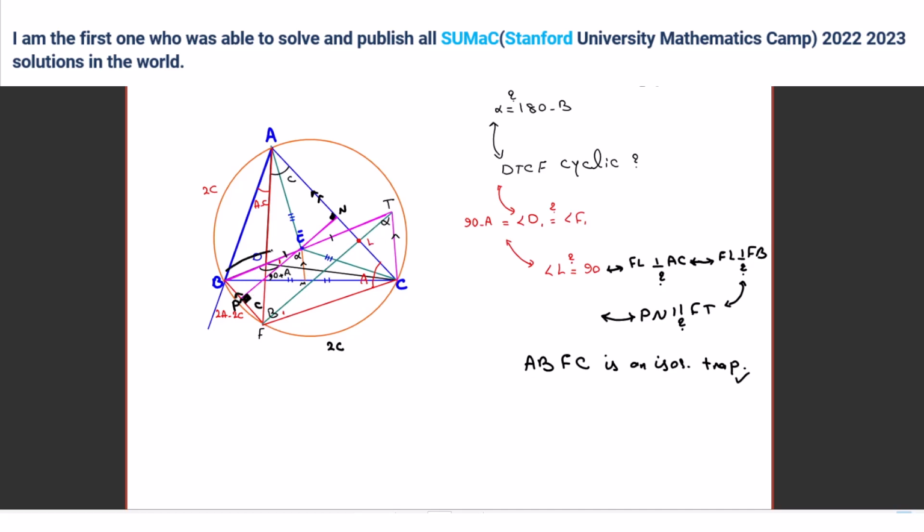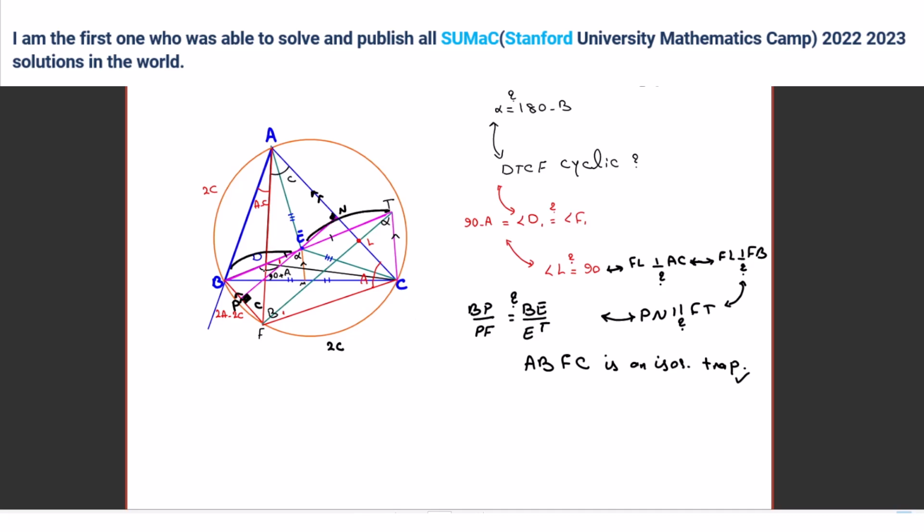Do you agree we know BE, or we should prove BE over ET is what over what? BE over ET is BP over PF, right? Do you agree if we prove this, the problem will be solved?